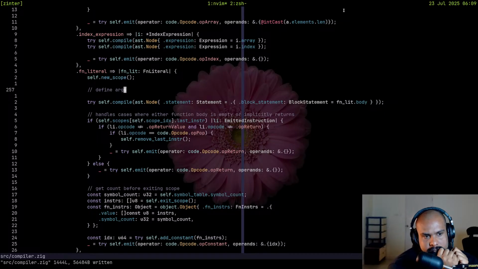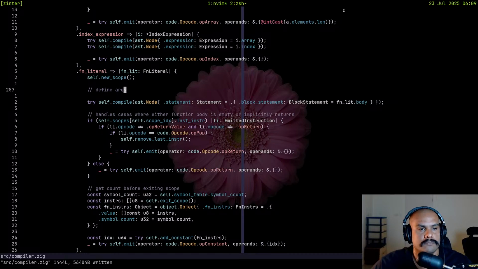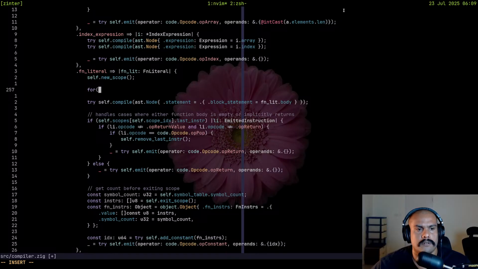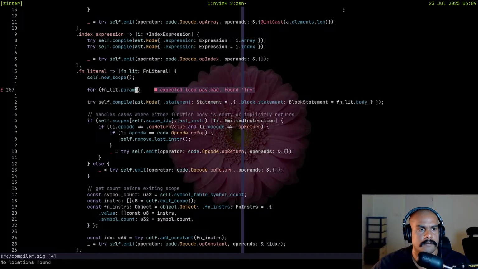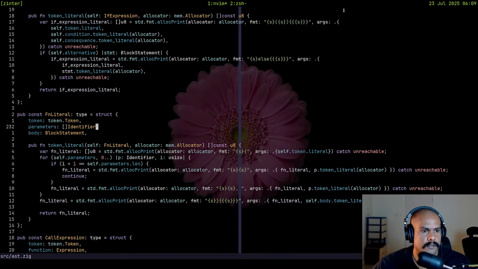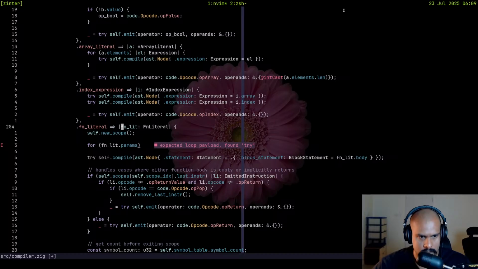I wonder what I'm missing. For function literal dot params. Don't remember what it was called. Parameters.